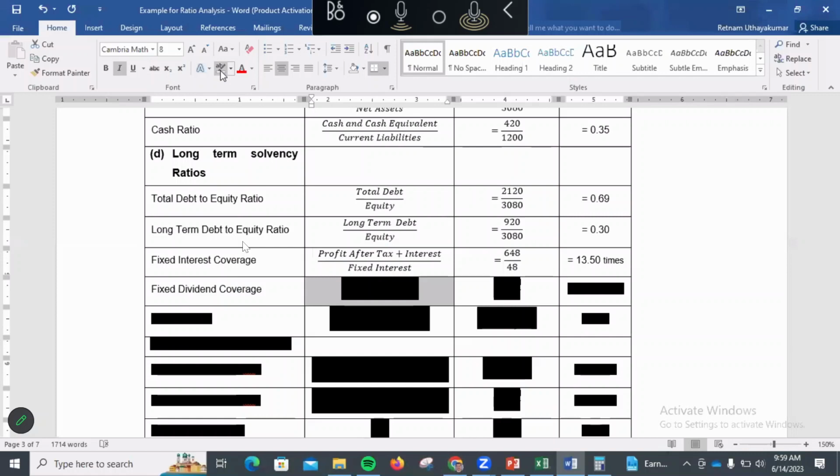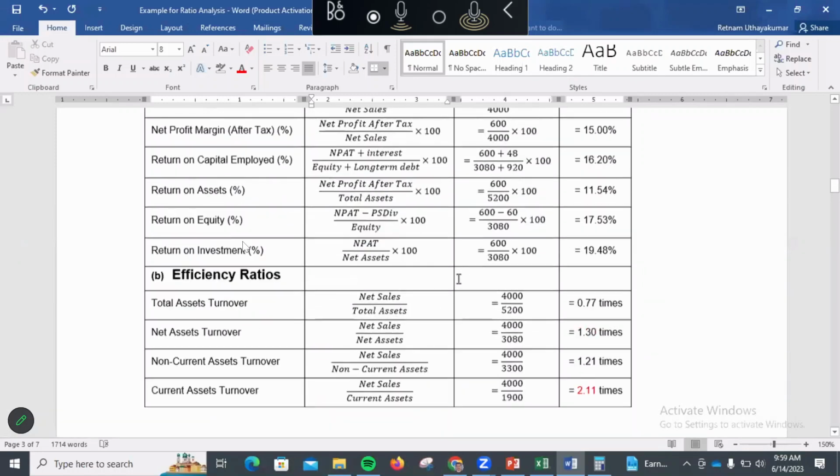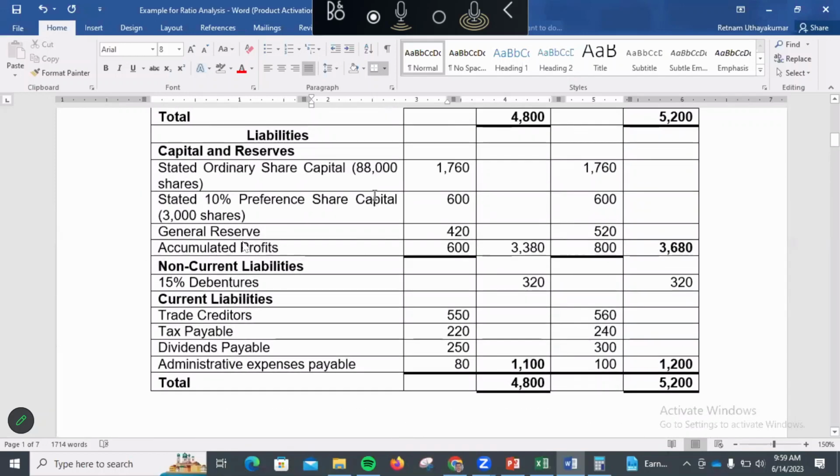So you have the profit after tax and the fixed dividend. Profit after tax, you know, is 600. Then the dividend you identify from that information: 10% preference dividend.